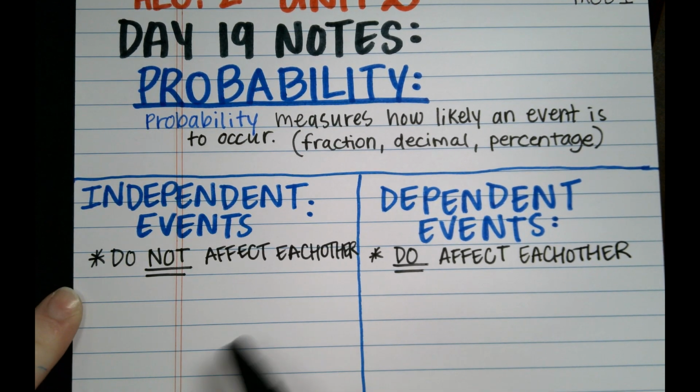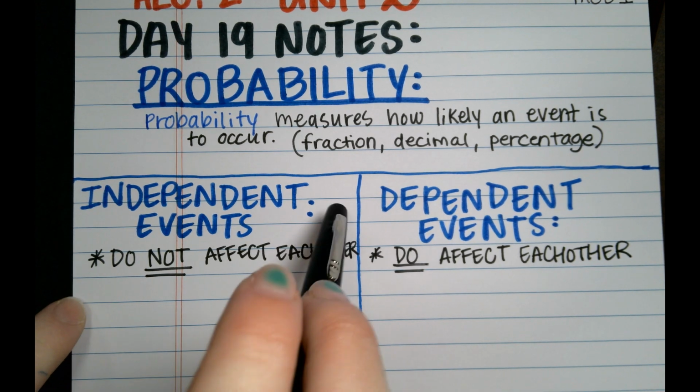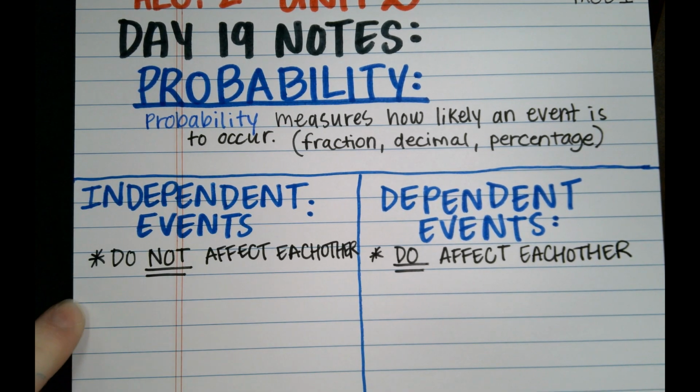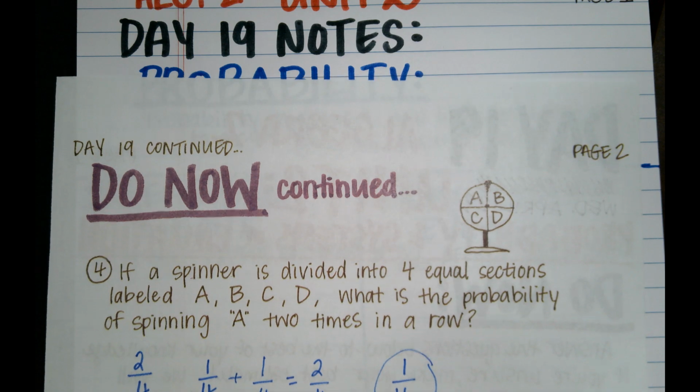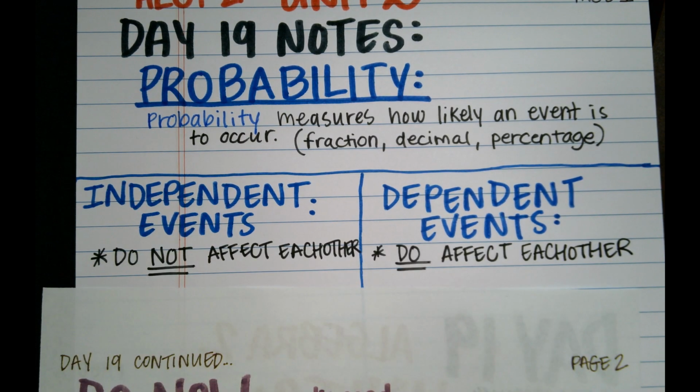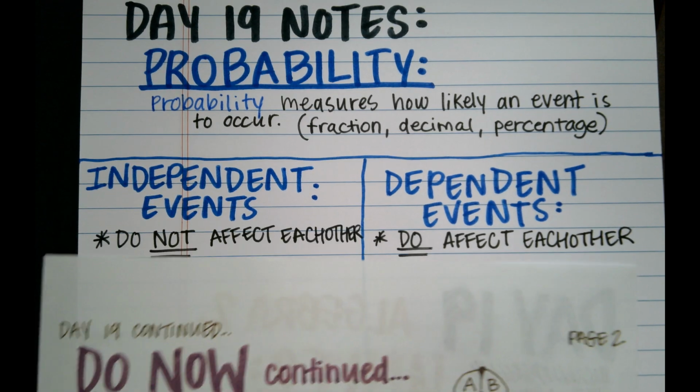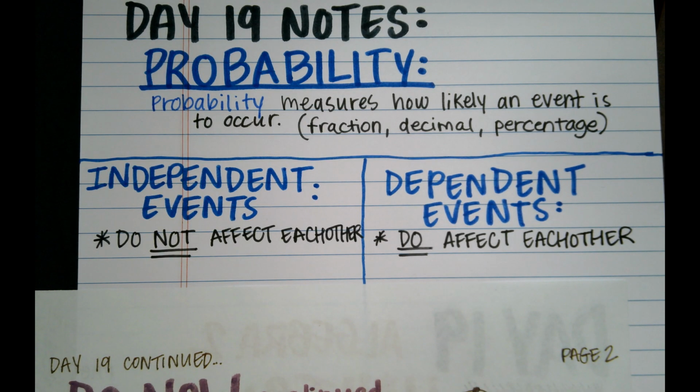So whenever we're talking about two independent events, I'm going to give us, for example, that number 4 on the do now. When I spin my spinner one time and then I spin it again, no matter what I land on the first time, that's not going to affect the probability of what I could land on the second time around because I'm not changing the spinner.